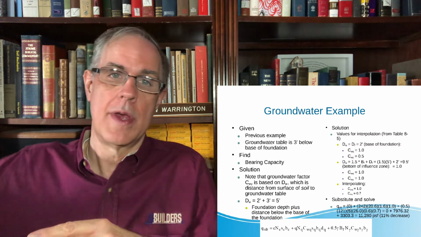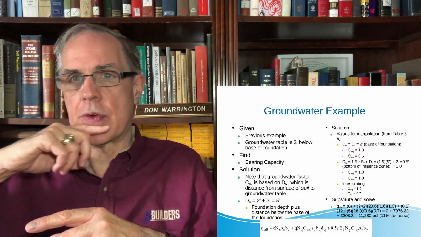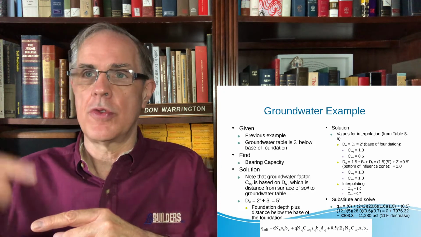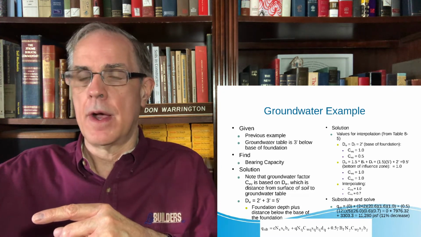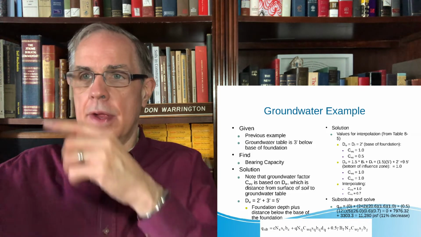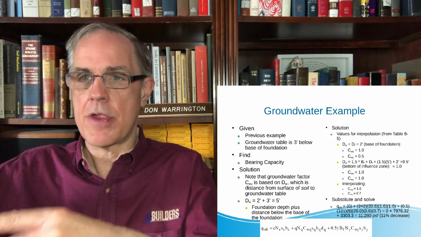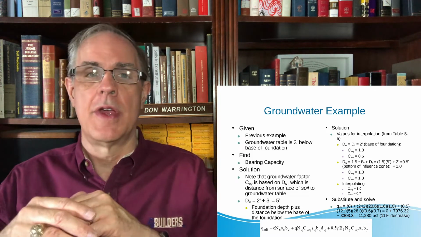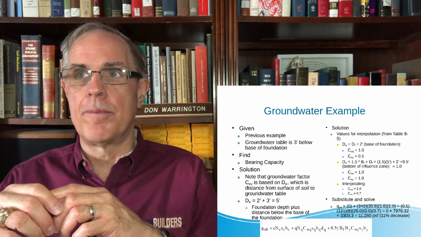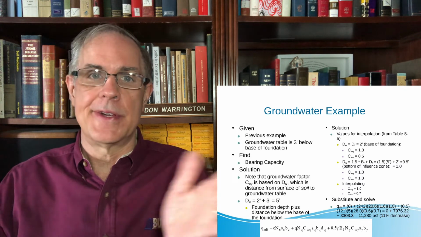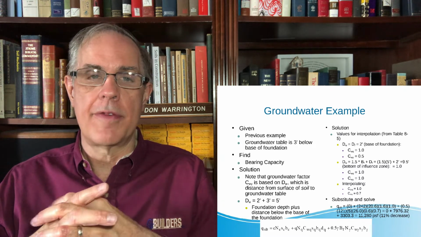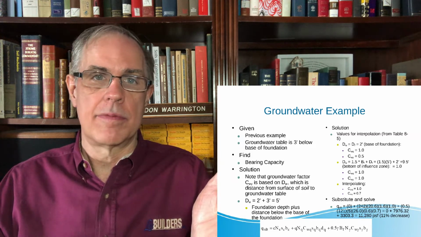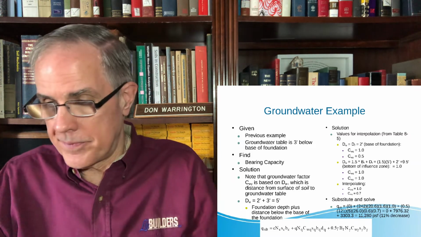You compute them for groundwater tables that are below the base of the foundation. You compute them at the base and at 1.5 B below, and you interpolate. If you had a groundwater table above the surface, any effect below it is going to be half.